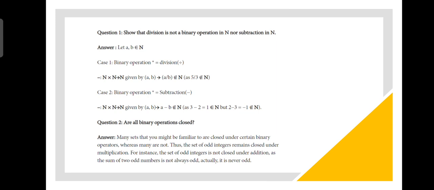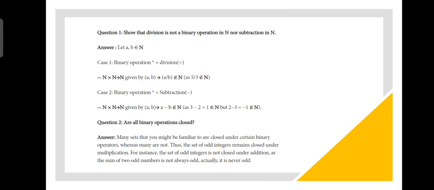For example, if we take 5 and 3 and we divide 5 by 3, then 5 by 3 is not a natural number. Therefore, division is not a binary operation on natural numbers. Next is subtraction. Subtraction is not a binary operation on natural numbers. We have already done this. For example, if we subtract 3 from 2, then we get minus 1, which is not a natural number. Therefore, both division and subtraction are not binary operations on the set of natural numbers.